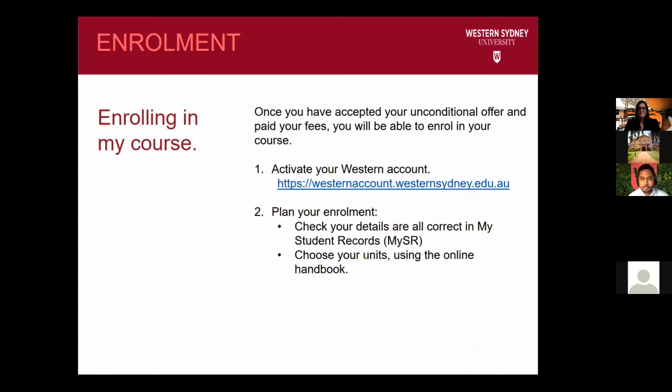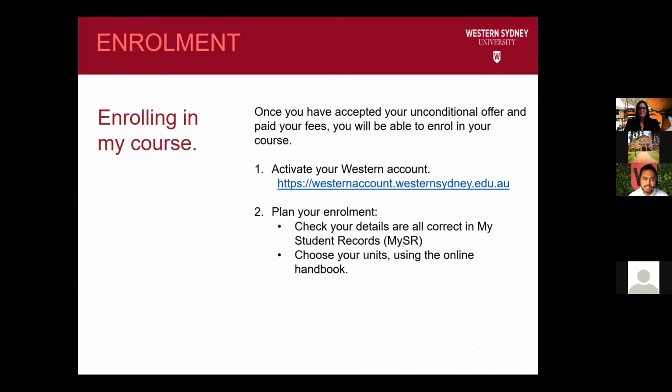This would include confirming your personal details, completing some surveys and requirements, completing some government forms that we require, and selecting your units. The first 3 steps require just some general details about you and your contacts, so that in case the university needs to contact you, they've got all the information on their end.